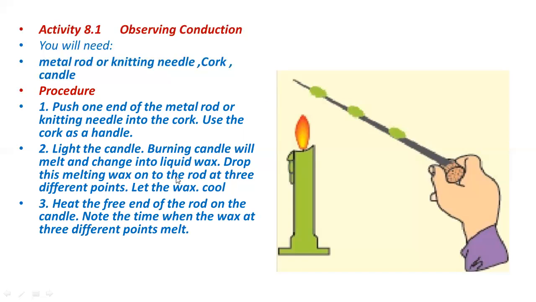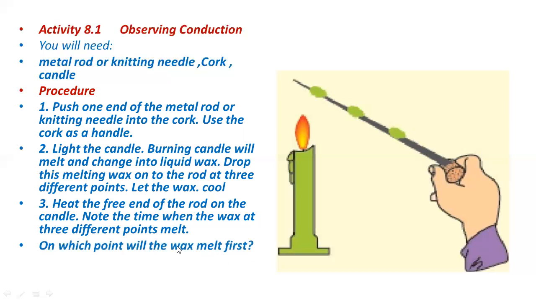Heat the free end of the rod on the candle, because the other end is in your hand. Note the time when the wax at the free end melts. After some time the next wax will melt, and then the next. Note down after how much time each wax starts melting.